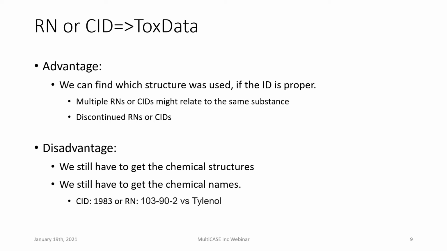And a disadvantage in here: okay, we can clean up a registry number, we can use CIDs, but we still need to get chemical structures. And another disadvantage, ideally we need to get a chemical name. If our model and database say that the chemical with CID 1983 or with registry number, which is listed here, is, for example, carcinogenic, it will not tell much.